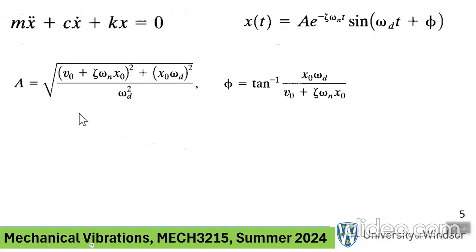Notice that in the expression for A, whatever this zeta is and whatever this omega d is, let's not worry about that right now. We have v naught and x naught, and we had those in lecture 2. In the expression for phi, also, we have v naught and x naught.